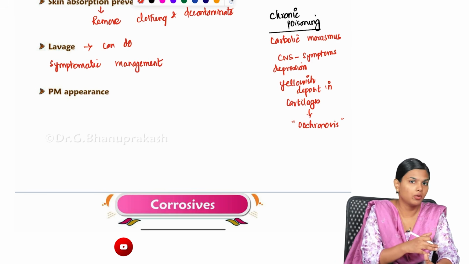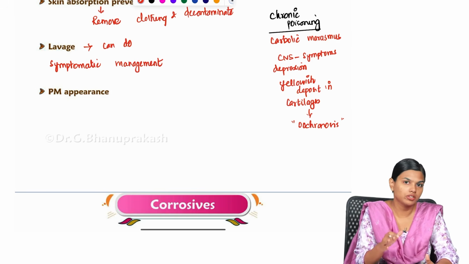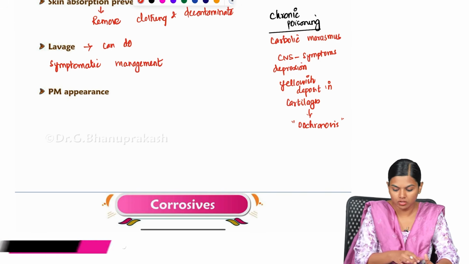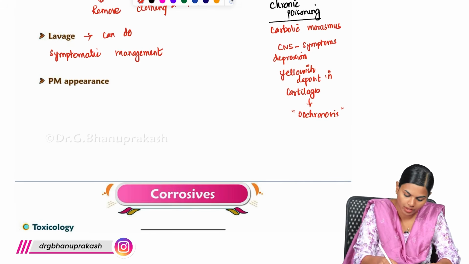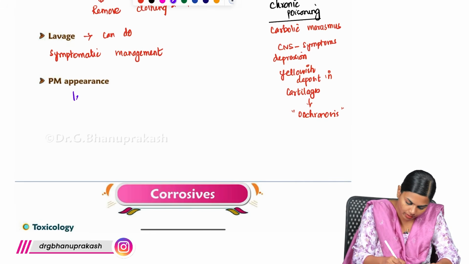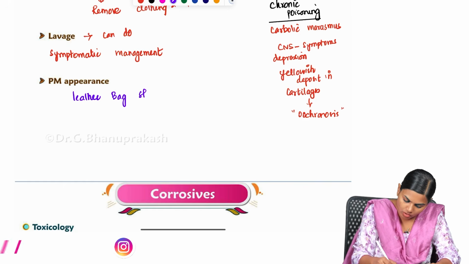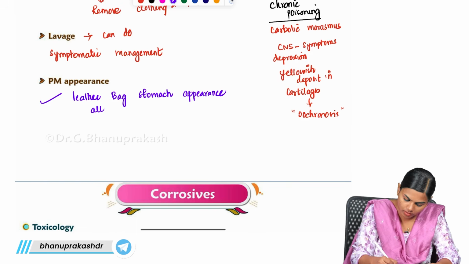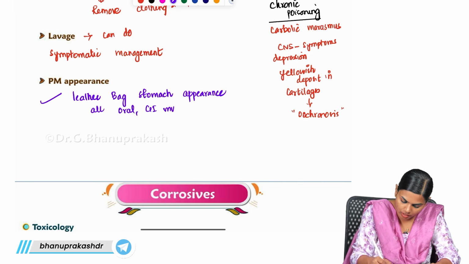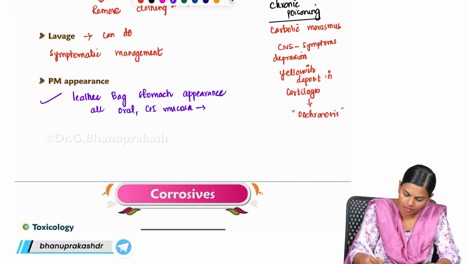So acute poisoning is carbolism. Chronic poisoning is carbolic marasmus. So this is the presentation. And in post-mortem appearance, the main thing that we have to know is you will have a leather bag stomach appearance. All the oral and GI mucosa will become hard.